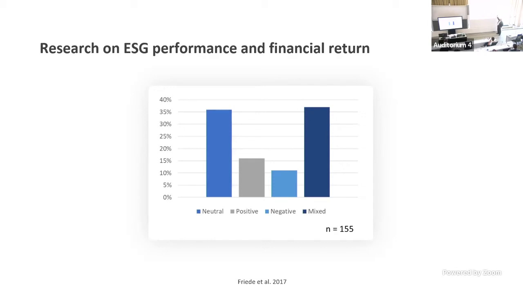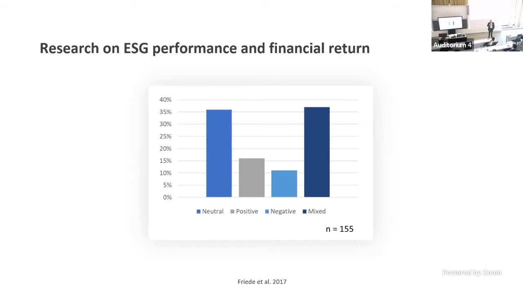Mixed, also a little more than a third of all studies, showing some positive, some negative. And then we have positive and negative, dividing the rest. When you see a picture like this and you show it to a policymaker, they just sigh. This is not helpful.